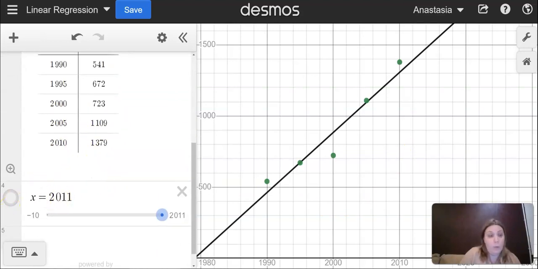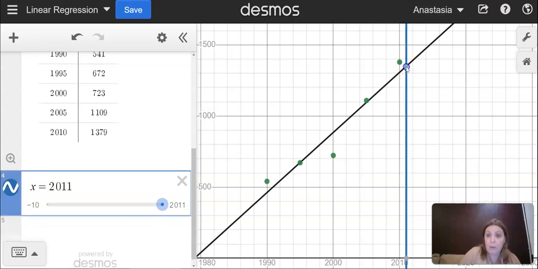What I like to do is draw a vertical line at that point and then look for the intersection point, because this way it gives me the point. The x value is, of course, your x value of the point, and the y value is what you're looking for. Super, super easy.